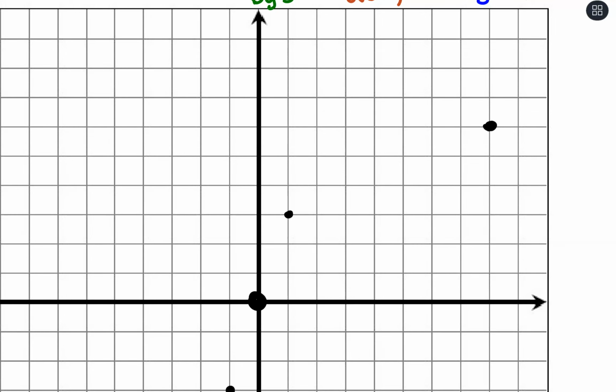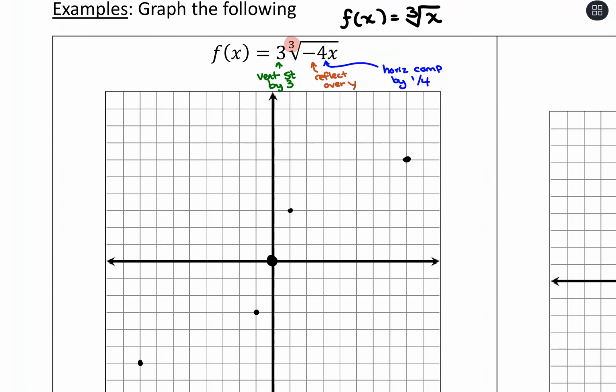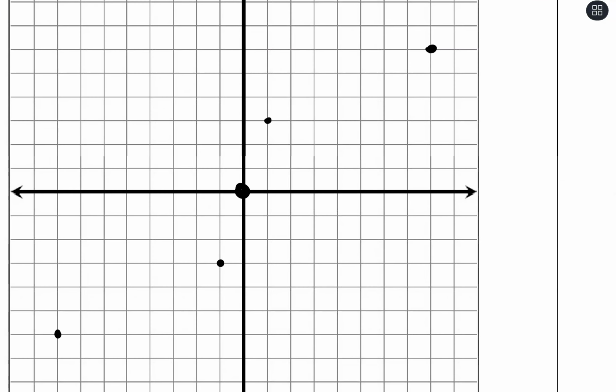Okay, so that stretched our function upward. Let's go ahead and reflect over y. So I would bring us over here, and that would be an 8, 6 down here. So reflecting over.